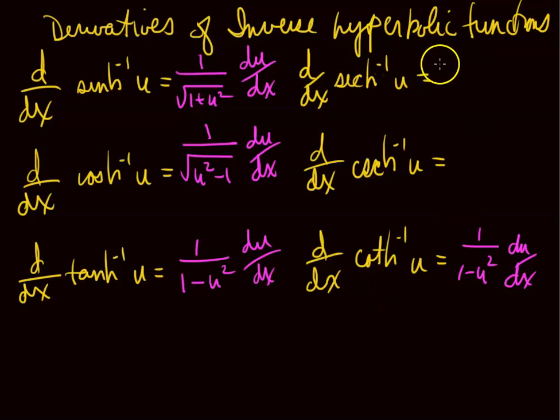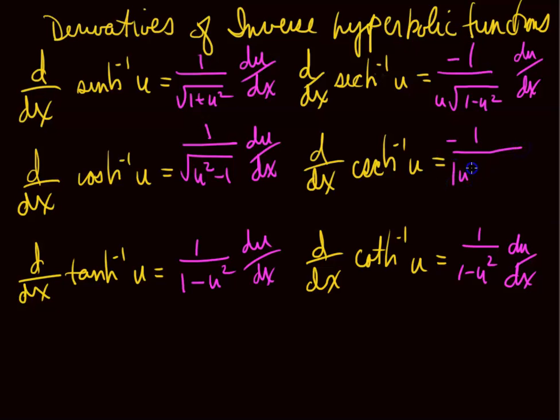The sech, negative 1 over u, no absolute value necessary, and 1 minus u squared du dx. And negative 1 over absolute value necessary, square root 1 plus u squared du dx.